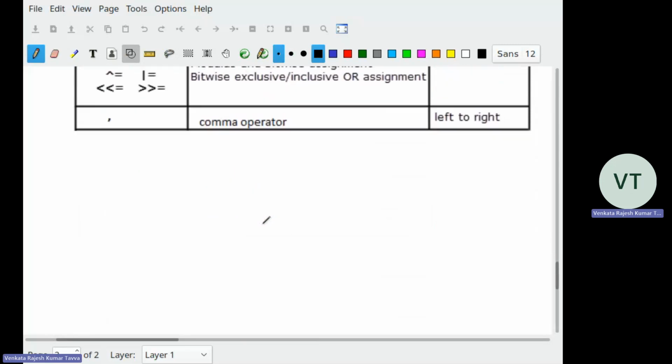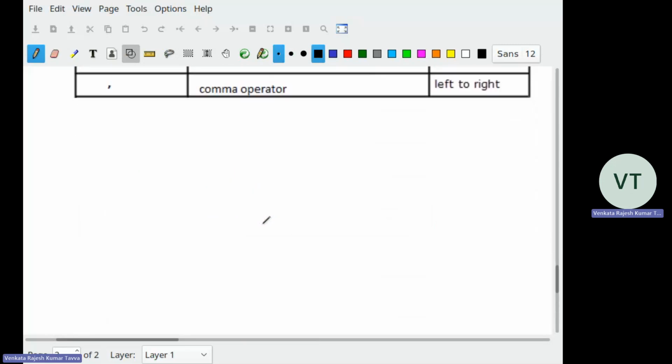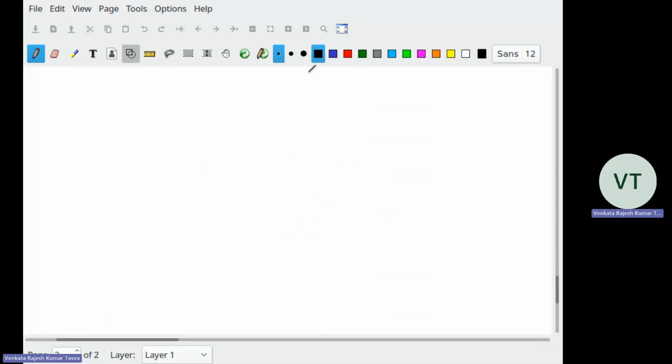All right. So let's work out an example. Before we work out an example, let me enumerate the steps of what you need to do when you are given an expression. Whenever you're given an expression, first you look at the operators in the expression. You can even write them separately.